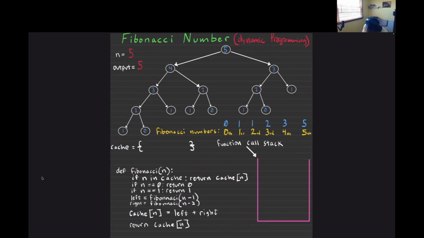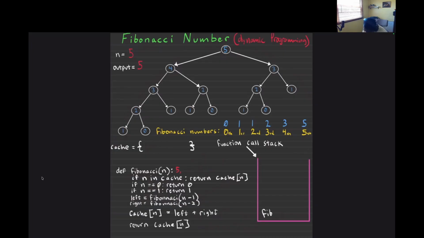So when n is equal to 5, this case doesn't hold, this case doesn't hold, but we're going to go depth first. We're going to make the recursive call with n minus 1, and that will be the left. Let me plug this into the call stack here. I'll abbreviate Fibonacci with fib.